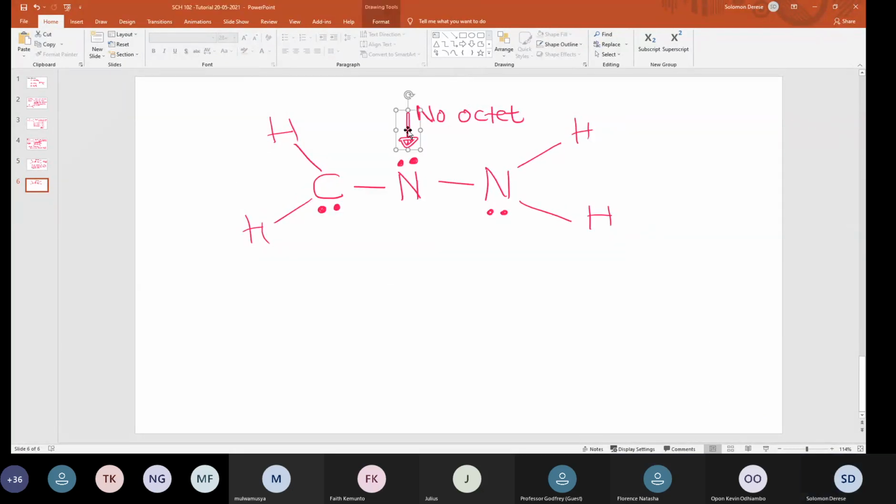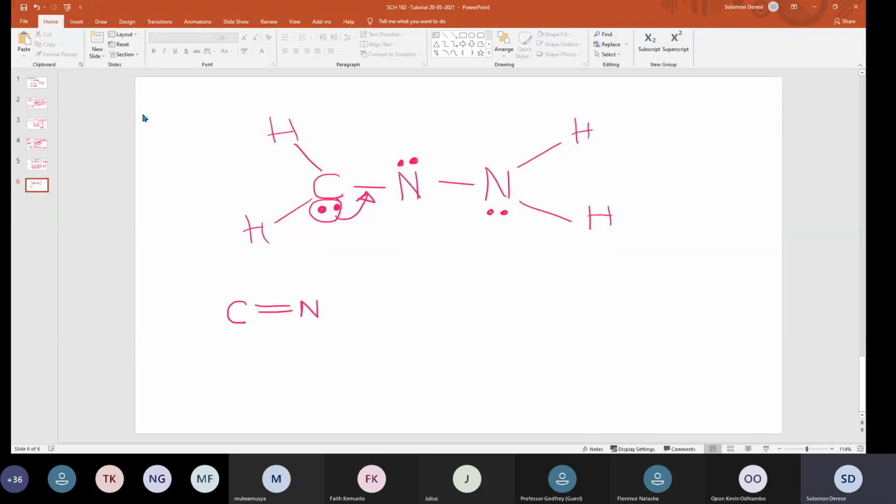We take this lone pair of electrons and form a double bond in here, okay? So when we do that, what we'll get is this molecule. We have a carbon that has got a double bond with a nitrogen.